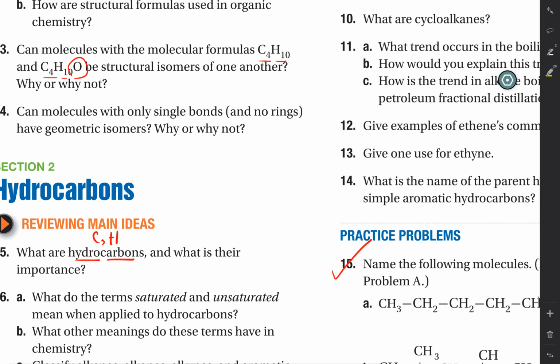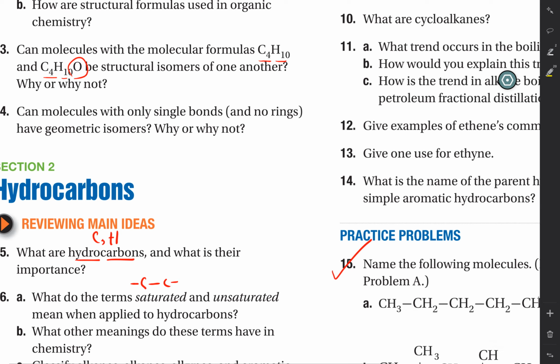Question number 6, part A. What do the terms saturated and unsaturated mean when applied to hydrocarbons? Saturated hydrocarbons are those organic molecules in which we have only single bonds between the carbons.